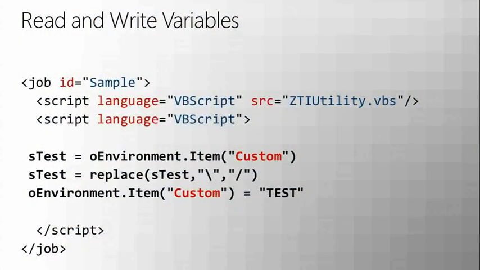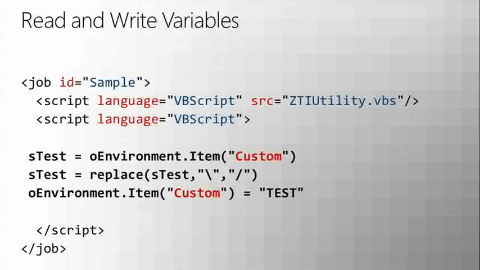There's also the ability in the ZTI utility to, of course, read and write variables. This is a good example: we're going to take a variable that we've defined earlier, a custom variable called custom, assign it to a variable called test, and then we can perform an operation like replace the slashes with backslashes, or vice versa, and then write it back.